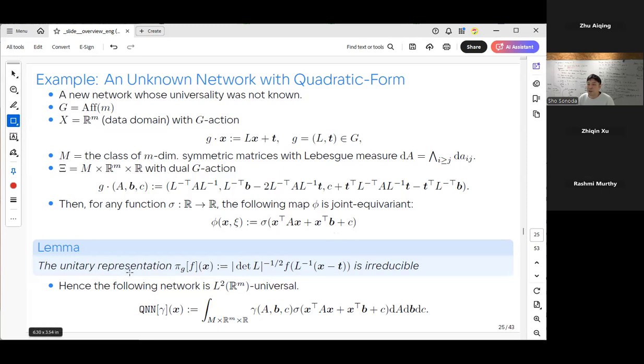And in addition, as we already saw, the regular action of the affine group on L2 functions is irreducible. So according to a general result, this quadratic form neural network is L2 universal. This is an unknown result.